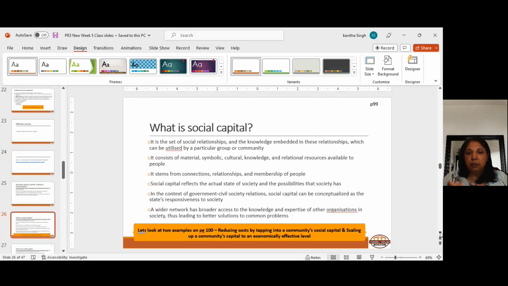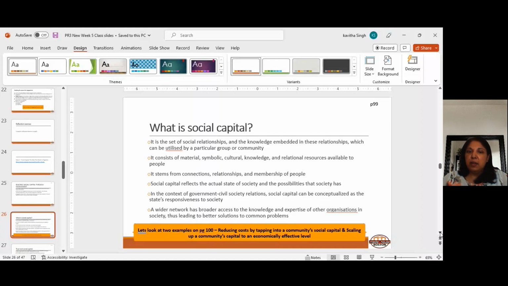So social capital, right? On page 100, there is an example that we'll cover. Social capital is a set of social relationships and the knowledge embedded in these relationships, which can be utilized by a particular group or community.